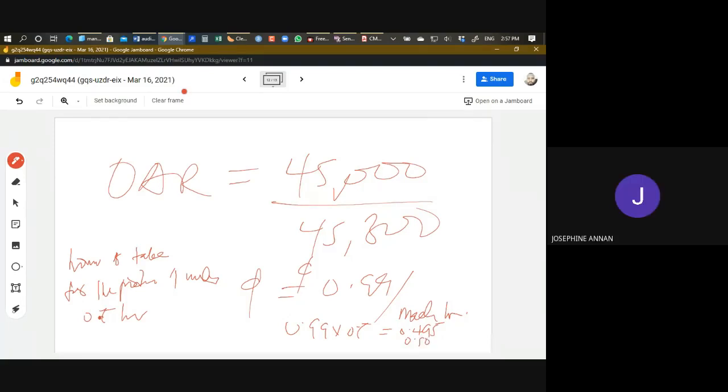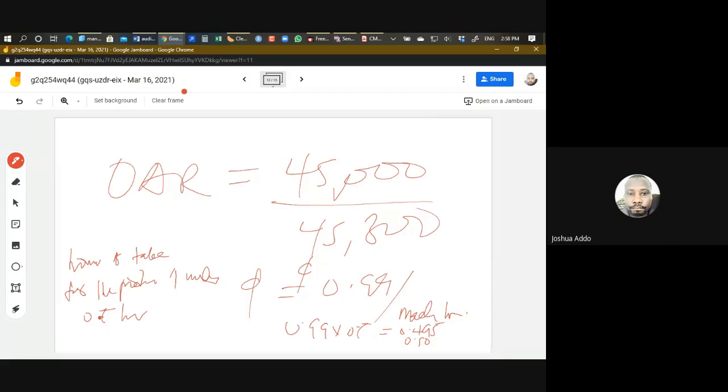Let me clear this possible complication. This is 0.99 per machine hour. So in the question, we have to track the machine hours it takes to produce 1 product.